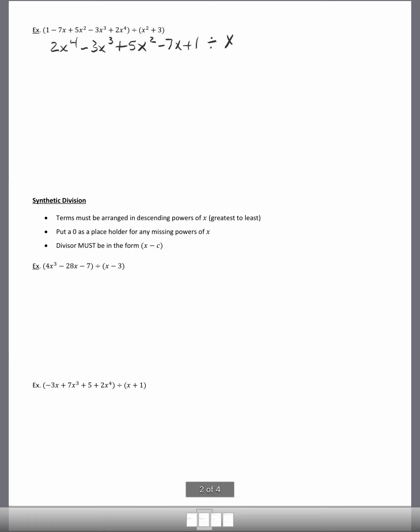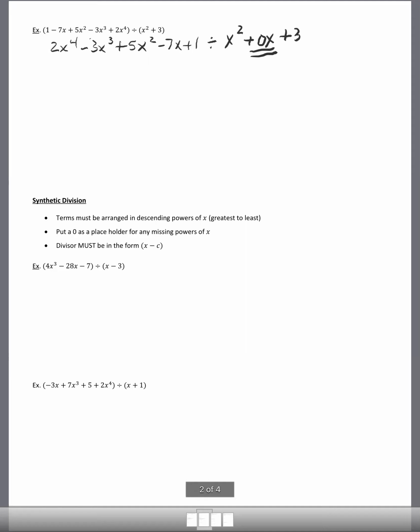Now what you'll notice here is that x squared plus 3 is actually missing a term. Now when it's the divisor, you have an option. I think it's a good option to use myself. I'm going to go ahead and load in the missing term, and that'll help me prepare for my division a little bit better. In the dividend, the powers ran 4, 3, 2, assumed 1, and 0. So all the powers are in descending order now.